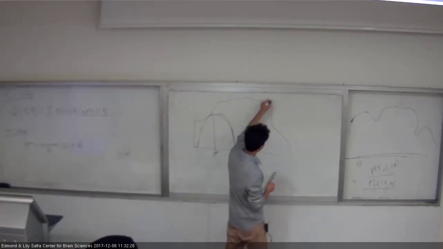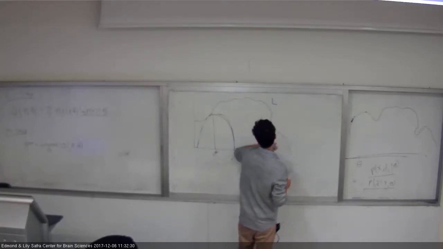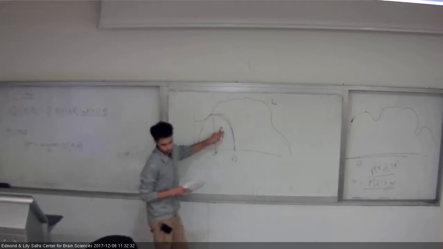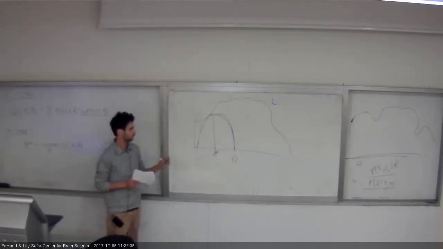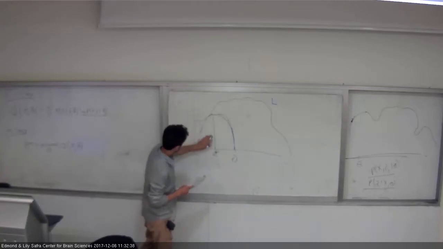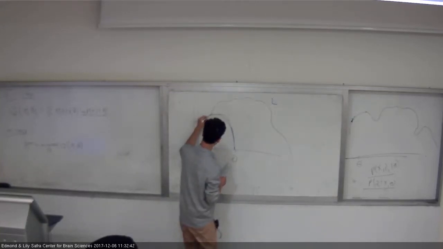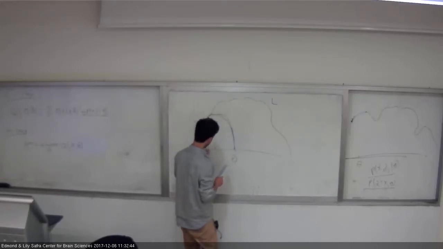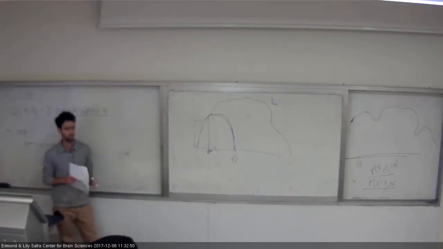Okay, so this is the likelihood function, and this is the Q function. Here, at theta hat old, they are at the same point, and they are tangent to each other.